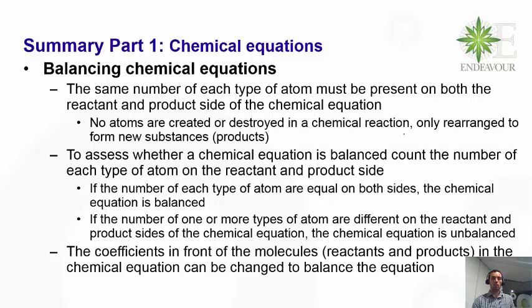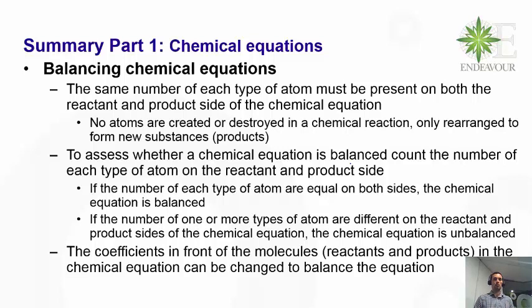Basically, making sure that we don't have any atoms being created or destroyed, meaning each of the product and reactant sides will have the same number of each different type of atom present. And I showed you the method for balancing the chemical equations. Firstly, work out whether it's balanced by counting the number of each atom type on each side.